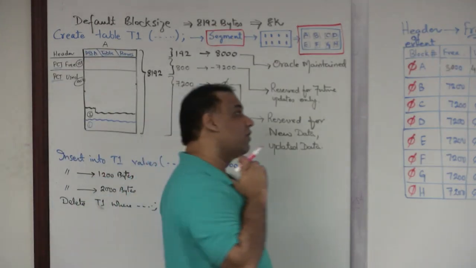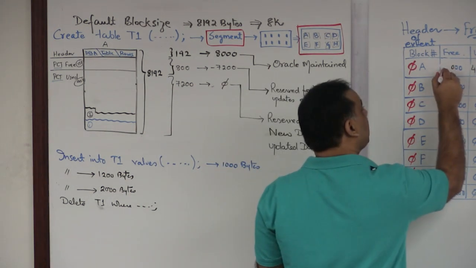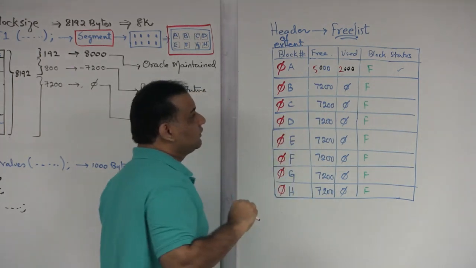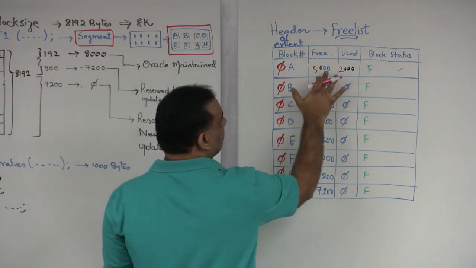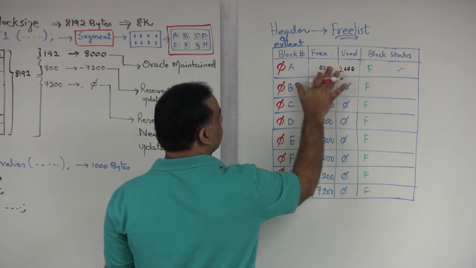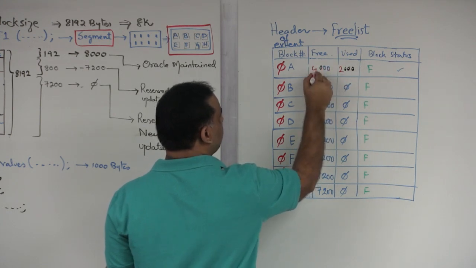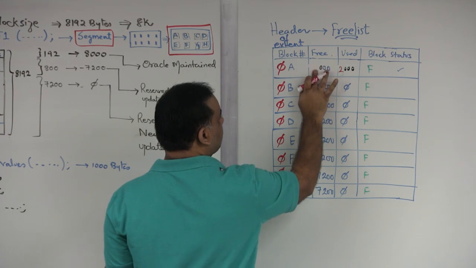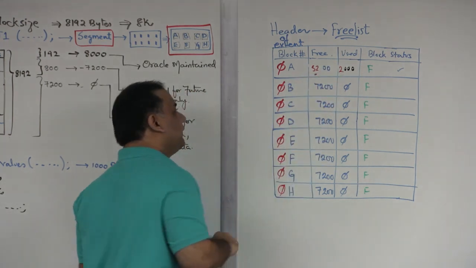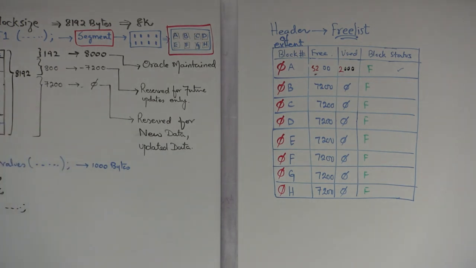When the third row is gone, 2000 bytes, the free is again bumped up to 5200. And the used is again bumped down to 2000. Right? Was that 4800? No. Is that 4200? Or 5200? 5200. Right? 70 out of 72.